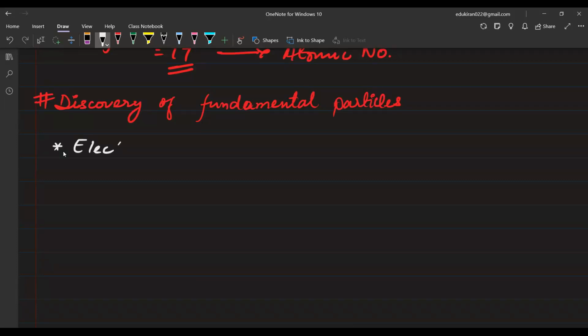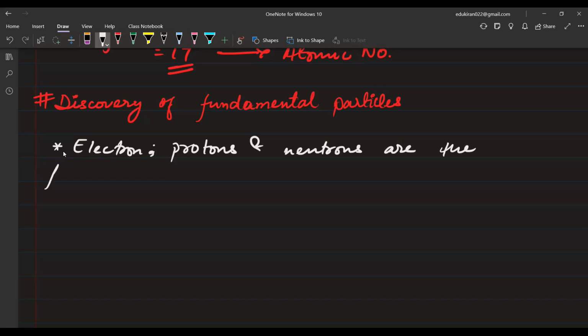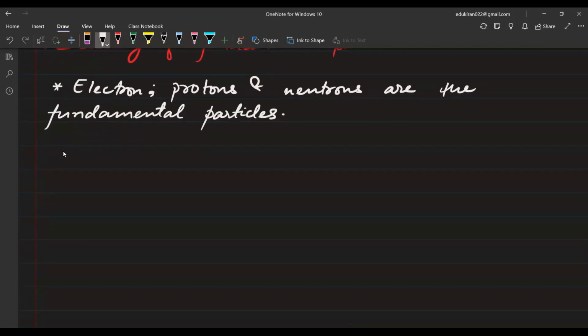Electrons, protons, and neutrons are the fundamental particles. So first of all, the electron was discovered. So we'll start with the discovery of electron.